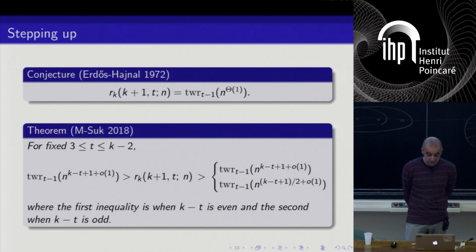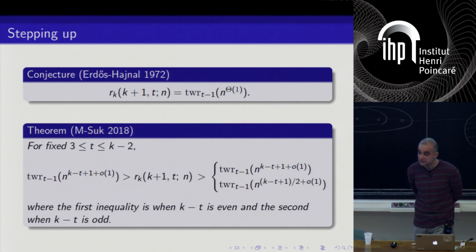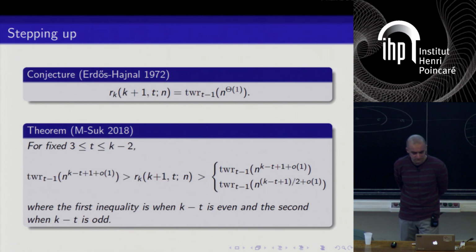And moreover, in half the cases, when k minus t is even, we were even able to determine the correct power of n at the very end, k minus t plus 1. When k minus t is odd, we're off by a factor of 2 in the power of n. Here we needed to do something non-trivial.